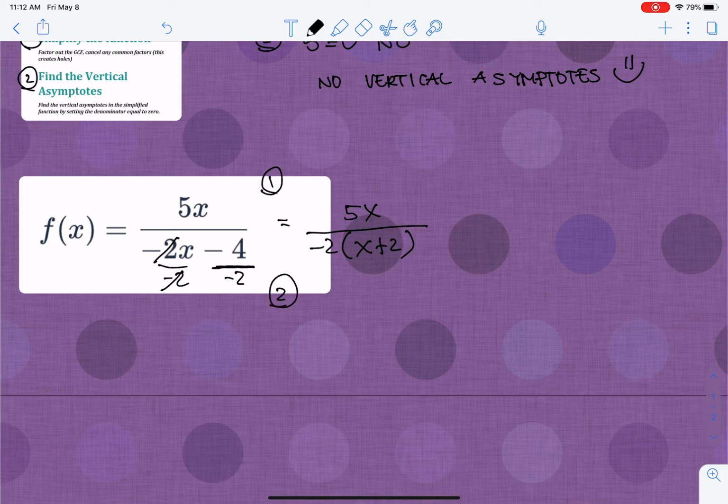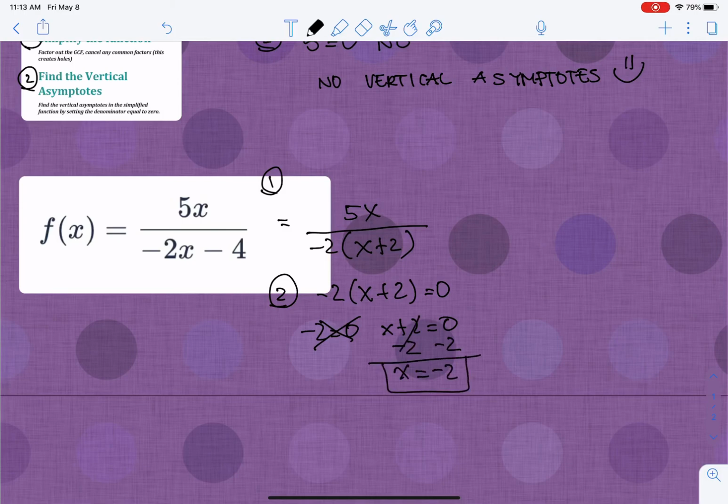Okay, so then we have to set our denominator equal to 0. By the zero property, that's not true, so we only have this guy right here to deal with.